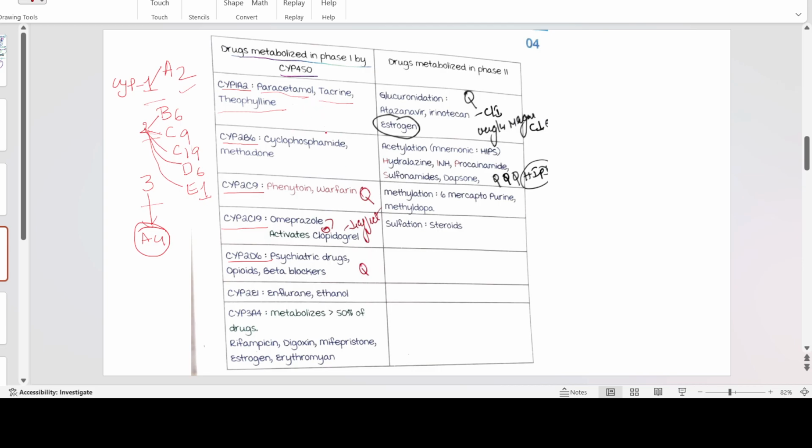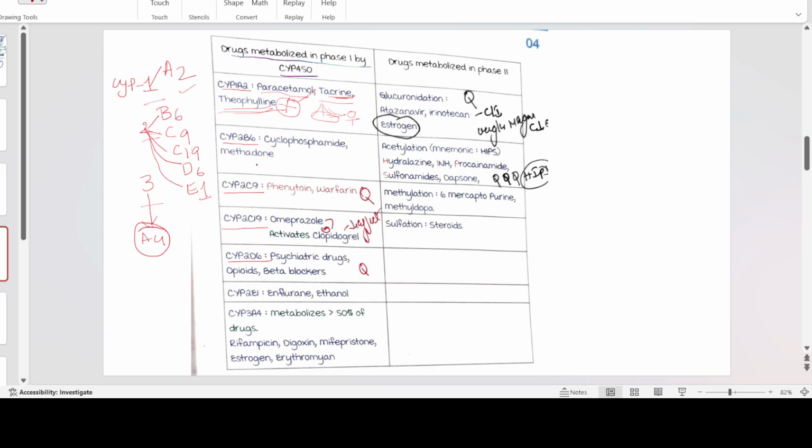Observe the rain. It rained so heavily that you became wet and got a fever, so you took paracetamol. Tacrine, paracetamol, and theophylline, fill. Now your cupboards are filled with paracetamol.